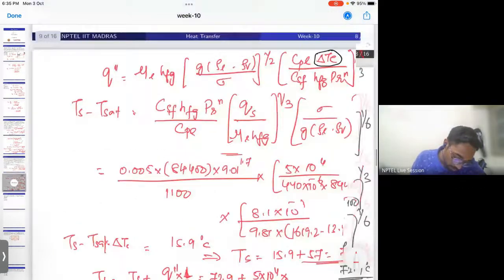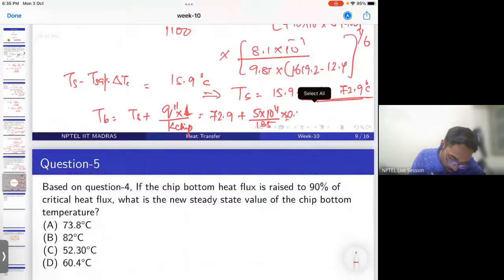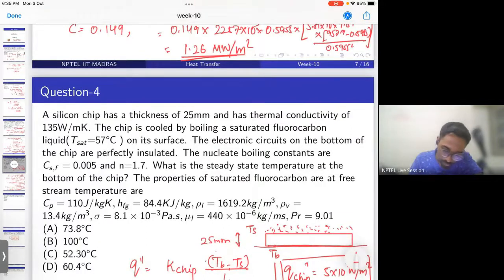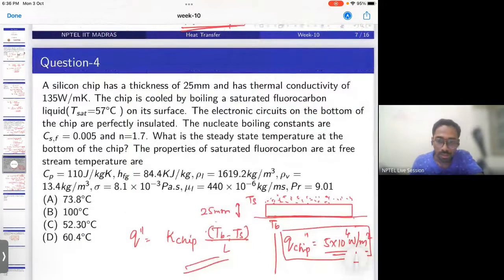What is the thickness? You see whether it is 25 mm or 2.5 mm.